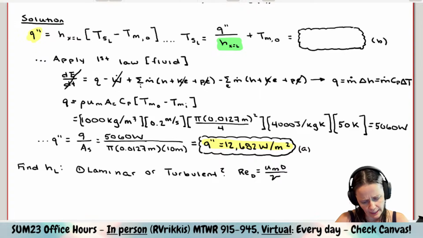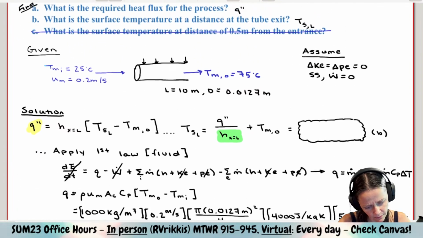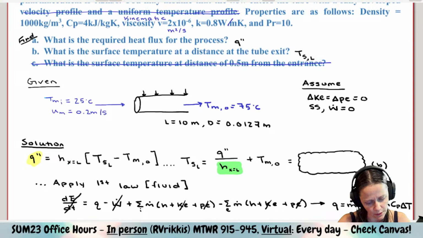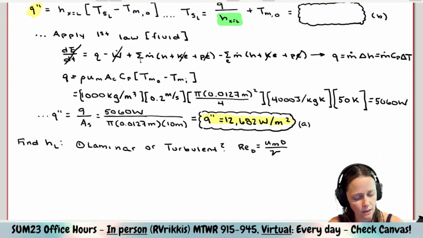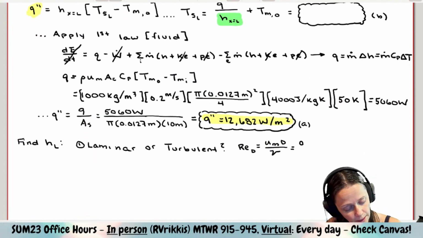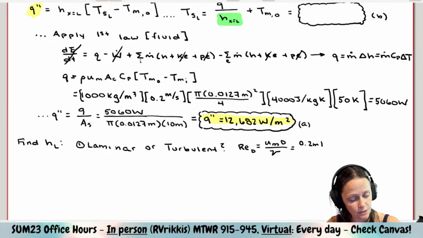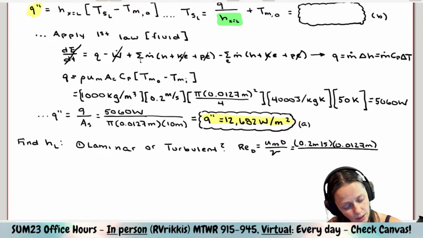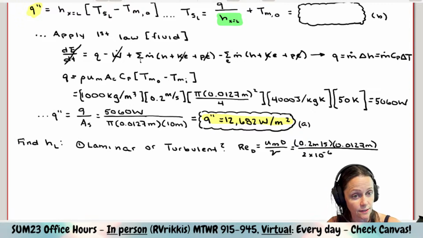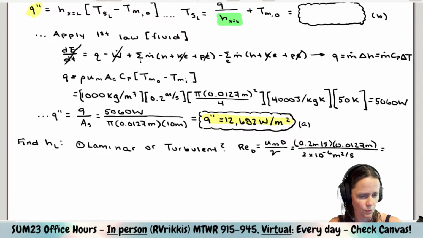So I believe I have kinematic viscosity. I do. There we go. 2 times 10 to the negative 6. So it's going to be 0.2 meters per second, and then I've got my diameter, 0.0127 meters, and then my 2 times 10 to the negative 6 meters squared per second. And I should get a value of 1270.